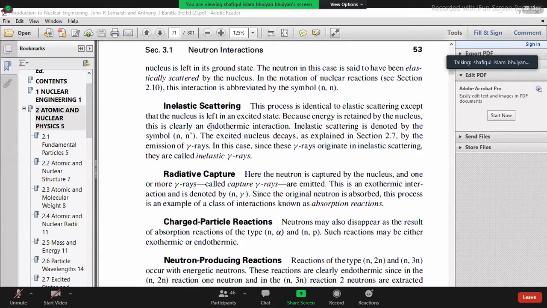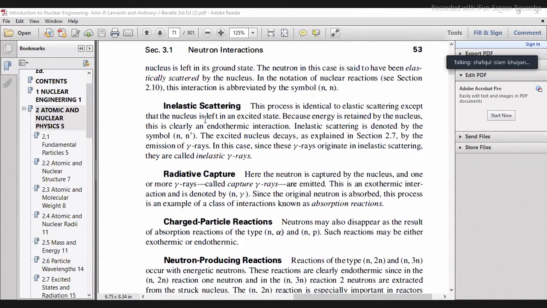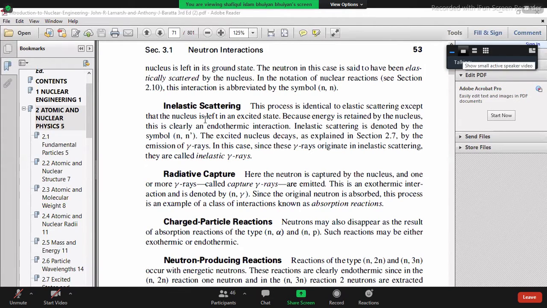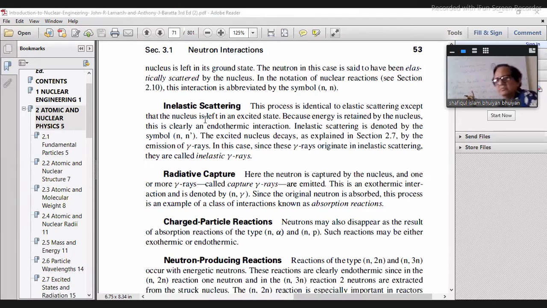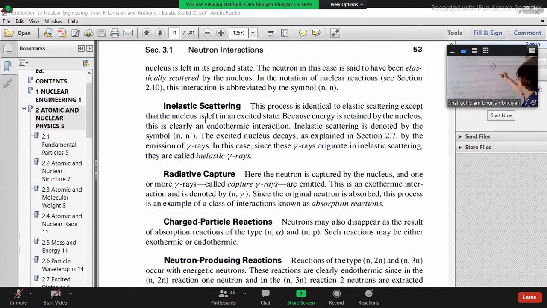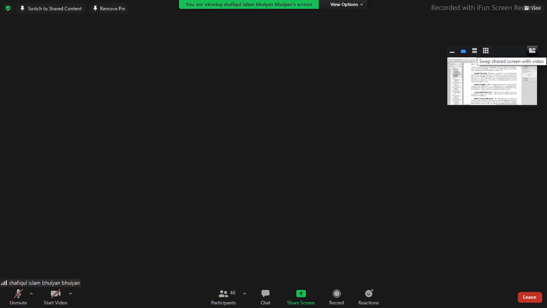This is elastic scattering, and in elastic scattering, we will always write in conventional terms, and we call it the n,n reaction. What does this mean? A neutron is coming and another neutron goes out.